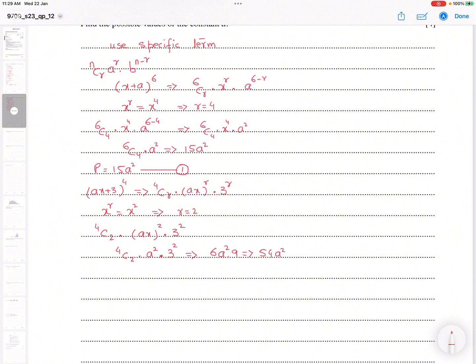We can write now q equals 54a square, and this becomes our equation number 2.